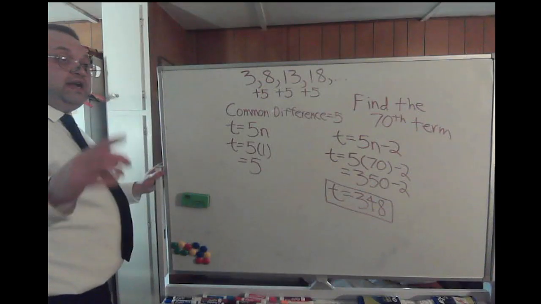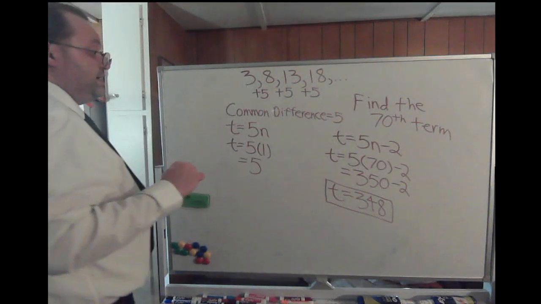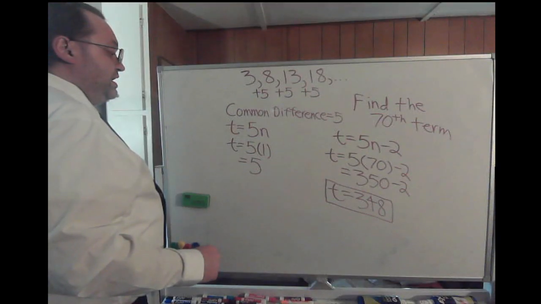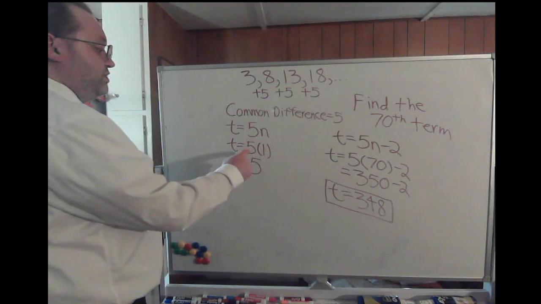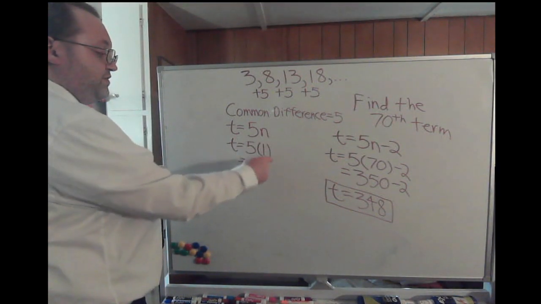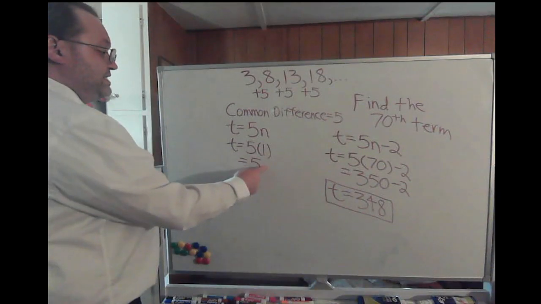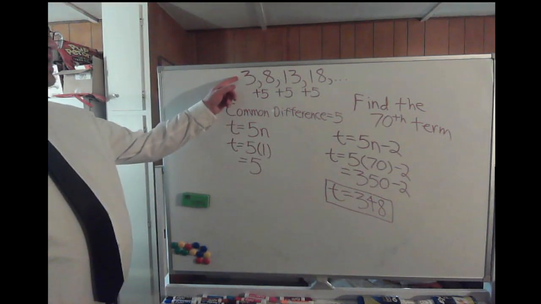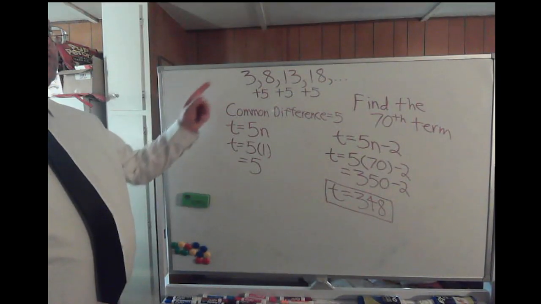It starts with that. It doesn't end with that. It starts with that. And then what you need to do is figure out your first term. So you stick in 1 for n for your first term. You'll get some value. And then you need to see how it lines up with what your actual first term is.